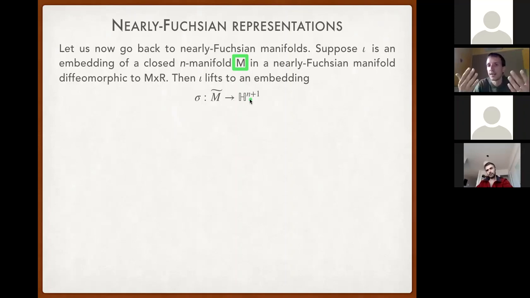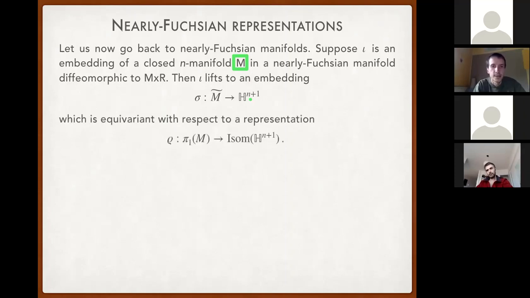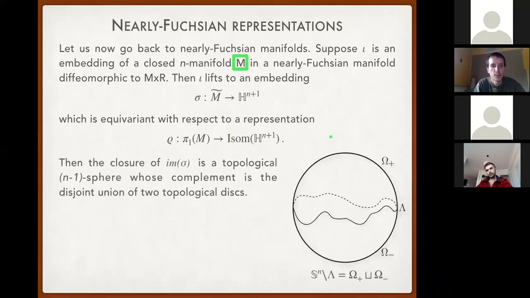This is because we can see the nearly-Fuchsian manifold as a quotient of hyperbolic space, since it's a complete hyperbolic manifold. And this immersion is equivariant with respect to the holonomy representation of your nearly-Fuchsian manifold, which is a representation of the fundamental group of M cross R, which is just the fundamental group of M, in the isometry group.